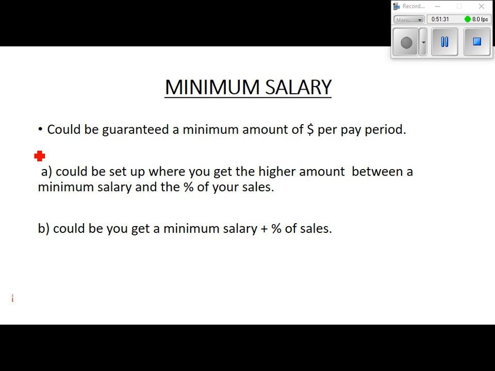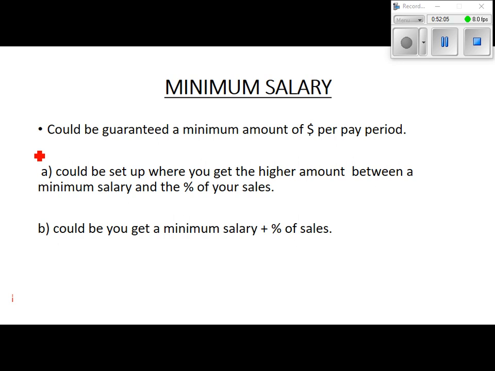One way that they might set up pay is with a minimum salary. You may have a company that says, all right, we're gonna pay you this minimum salary. I think some of the car dealerships are this way now. We're gonna pay you this minimum salary, but if you sell so much and your commission is more than that, then we'll pay you that higher amount. So a lot of car dealerships might be that way now, and you just gotta find the ones, like I said, when I was at that high price car dealership, those guys were all over me.